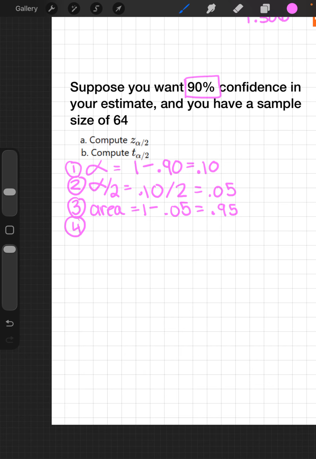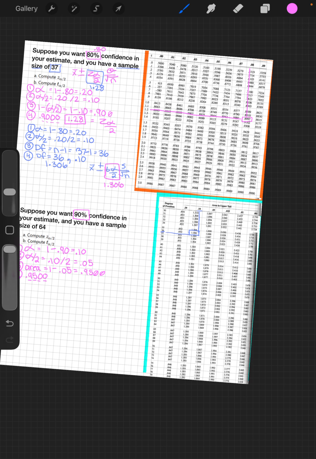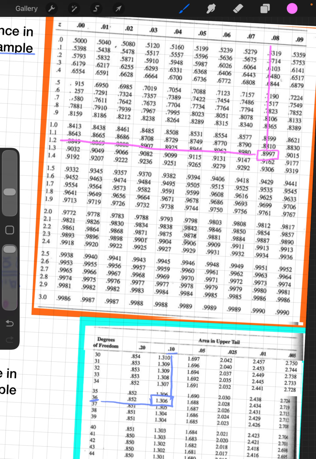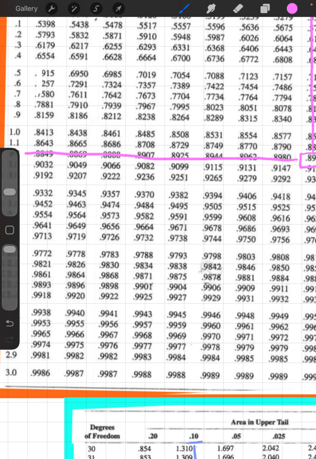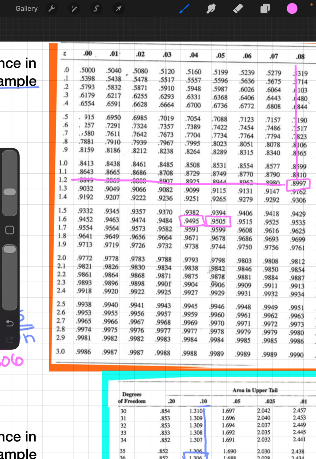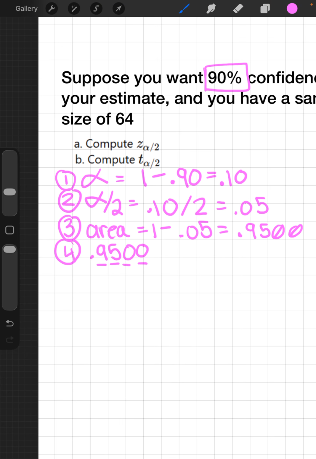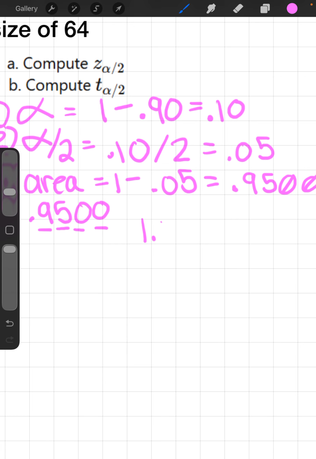And then number 4, I'm going to look for it in the chart. So I'm going to add the 2 zeros here, so it's 4 decimals. And then 0.95. So it's going to be between these numbers, 1.64 and 1.65.